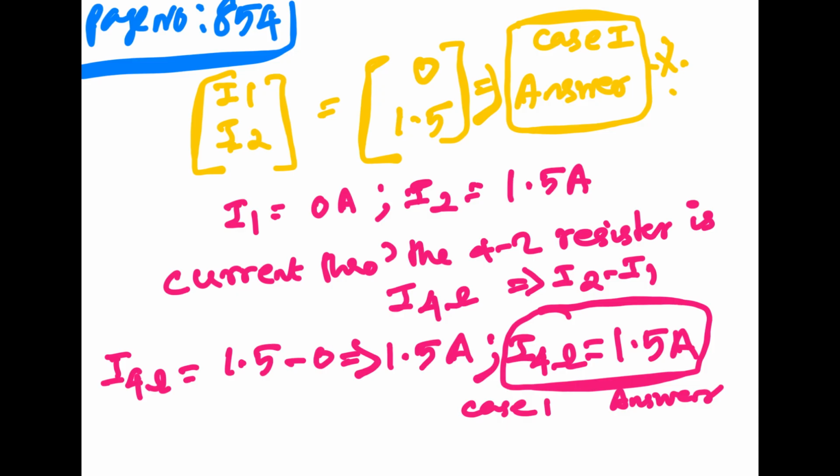Then minus 4 into minus 6 plus 8 into 12. Because the cofactor sign changes, plus minus minus plus, we find the cofactor values 8, 4, 4, 8. Then we go to multiplications and obtain 0 and 1.5 ampere.